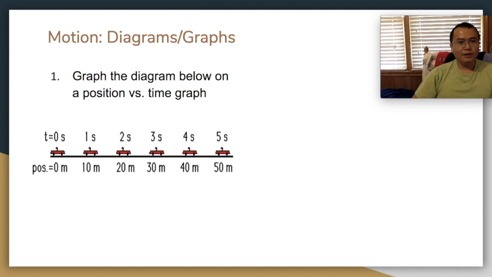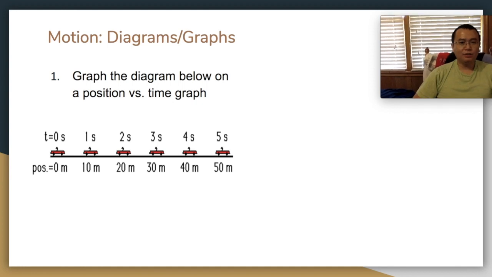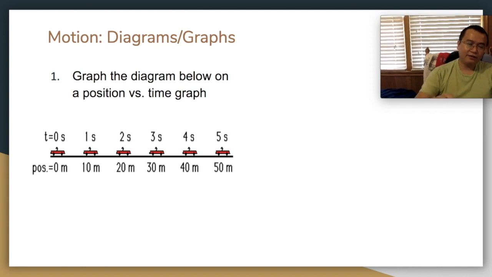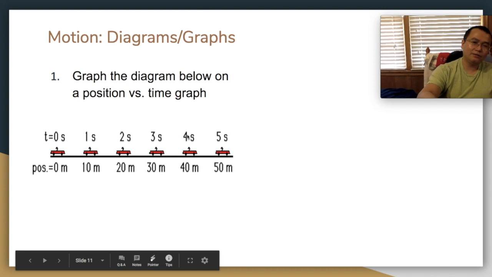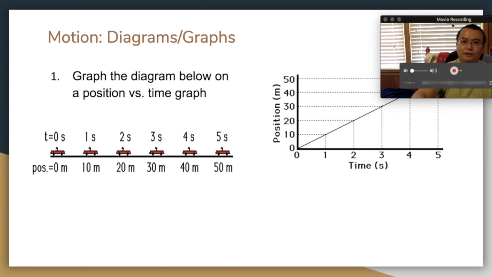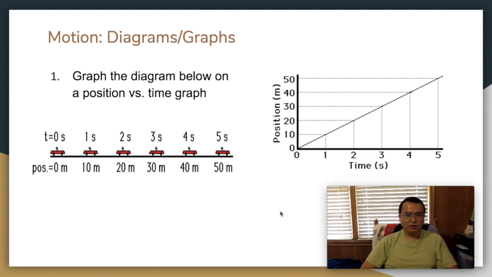So for this diagram, I want you to graph the position versus time graph. Pause the video, and I want you to use all the data that I've given you here and create a position versus time graph. Click pause. So the position versus time graph should look something like this, where you have position on the vertical axis with a unit of meters, and time on the horizontal axis with a unit of seconds.